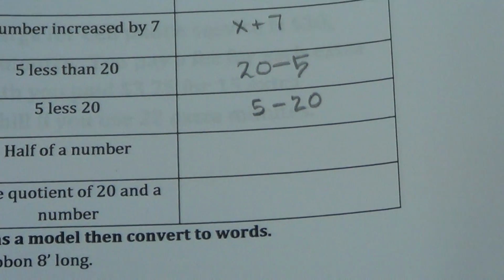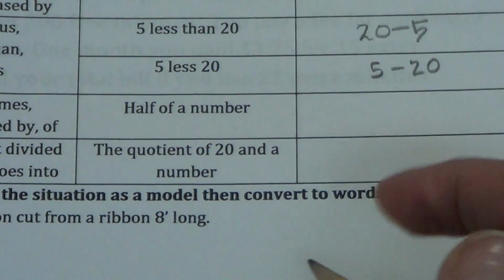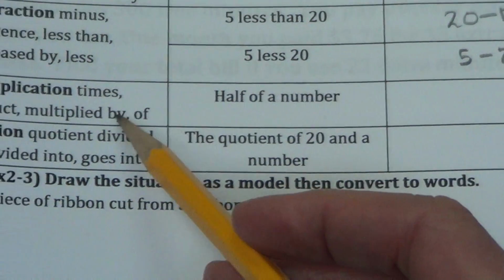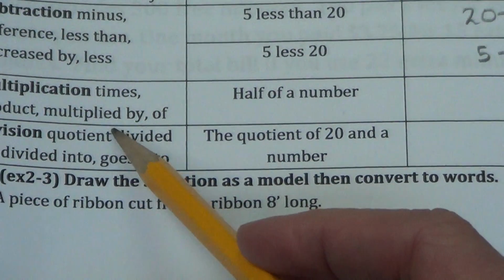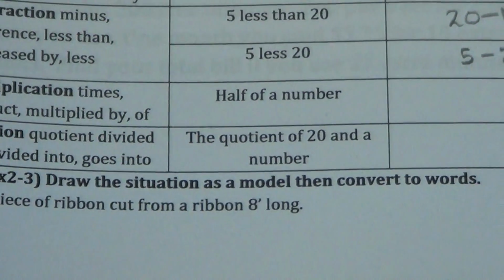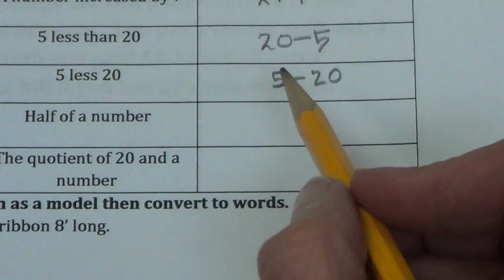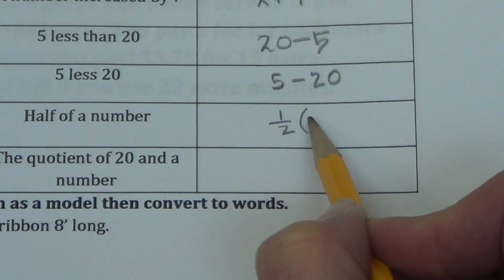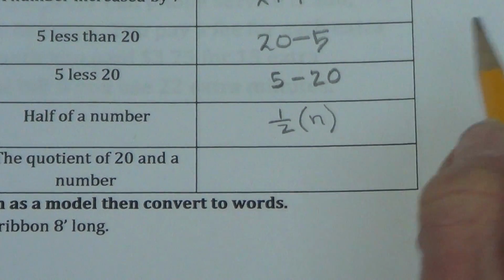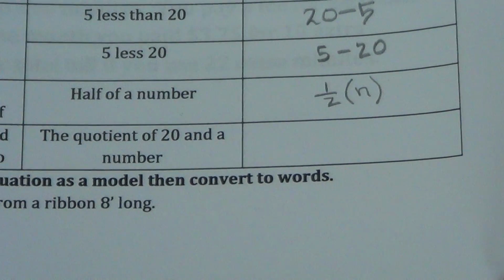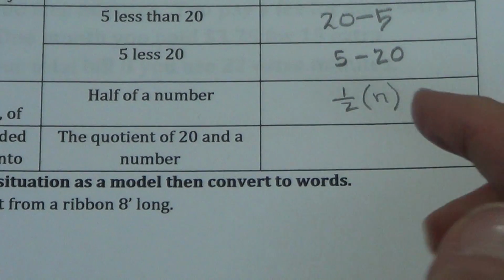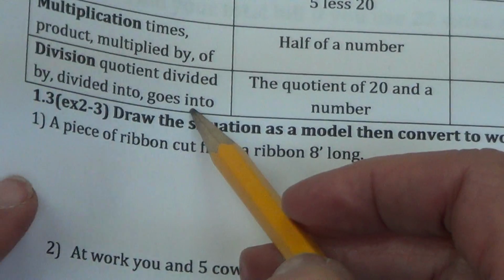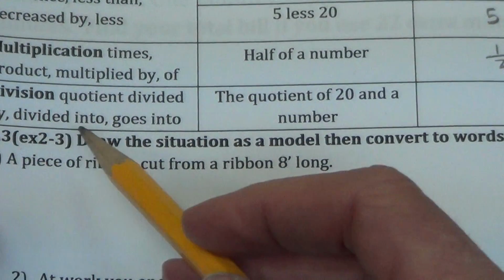5 less 20. Multiplication, words for this are times, product, multiply by, of. Half of a number means half times that number, any variable you want to use. Division, quotient, or divided by, divided into, goes into.